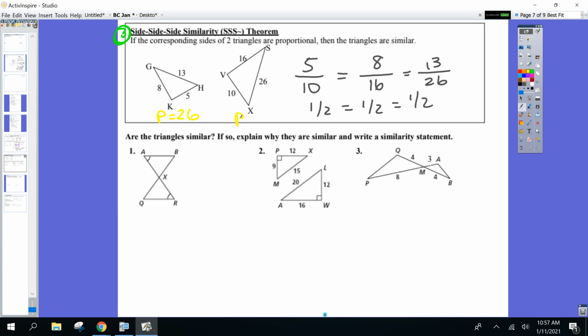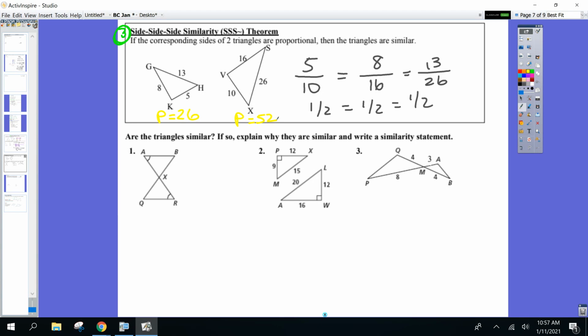And find the perimeter of the big one. 16, 26, 10. You should be getting 52. Notice anything about the ratio of their perimeters? 26 and 52. What's so special about the ratio of their perimeters as well? Also 1/2, yes.